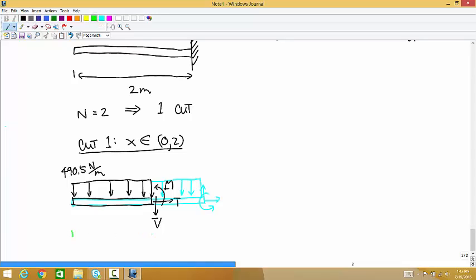And this distance is x. Okay, so the first step is to come up with that function q that tells us the height of that distributed load at any x value. In this case, this value is constant. So q of x is a constant function just equal to 490.5.